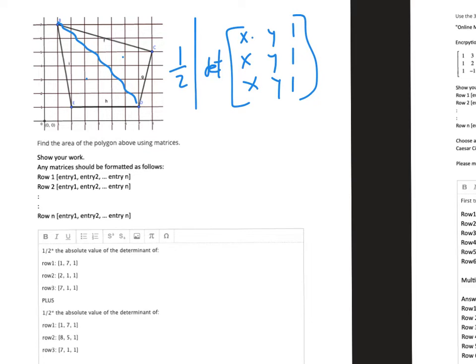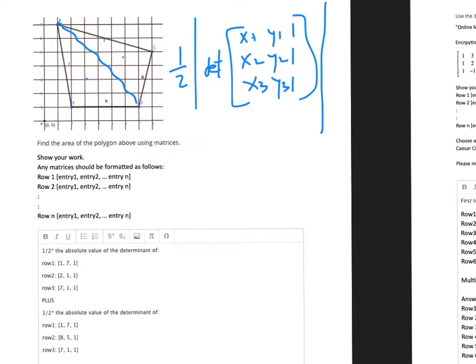And I should say this is x1, y1, x2, y2, x3, y3. So we've split our quadrilateral into 2 triangles. We set up each of these matrices and we find 1/2 the absolute value of those determinants and we add them up.